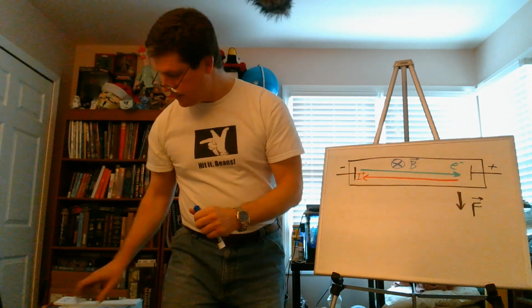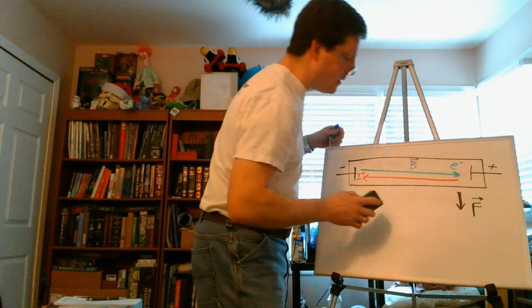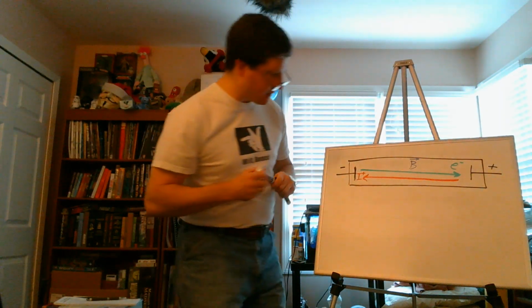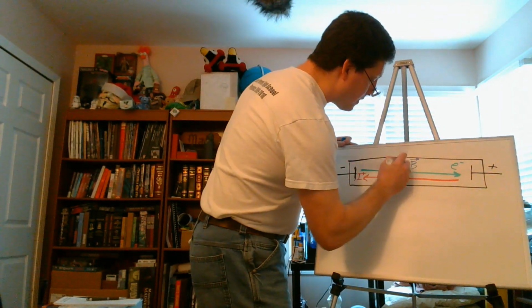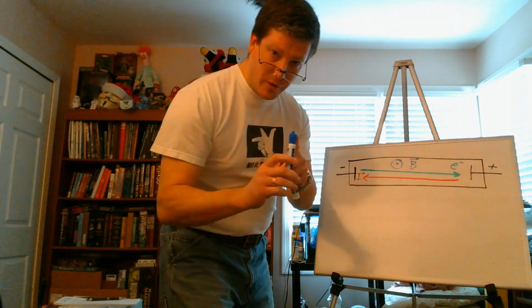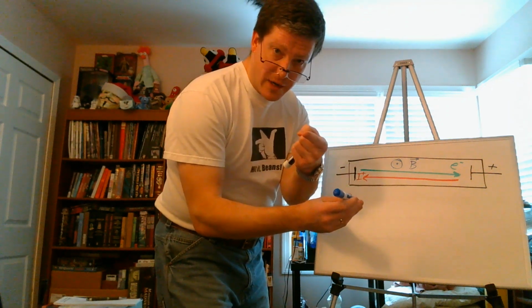Here's why. Let's go right up here and we'll flip the magnetic field around. If you have the North Pole magnet facing out this way, that means the magnetic field's coming out towards you. That's an outie.